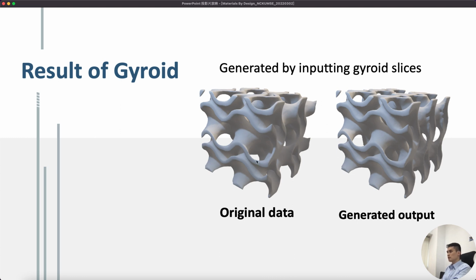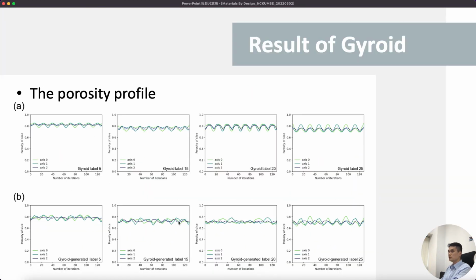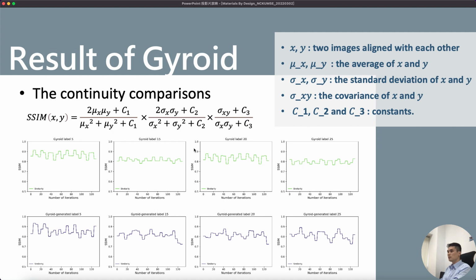This is our original data, and this is the generated output. They look identical, or pretty similar to each other. We can show the continuity of our model, which shows great continuity.